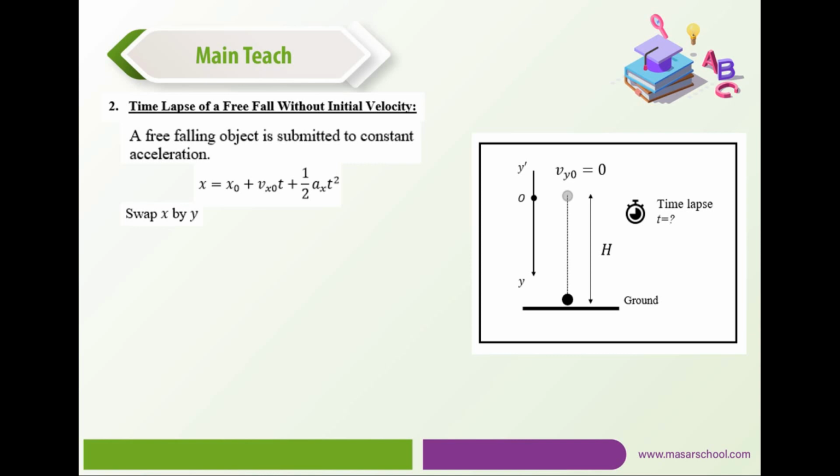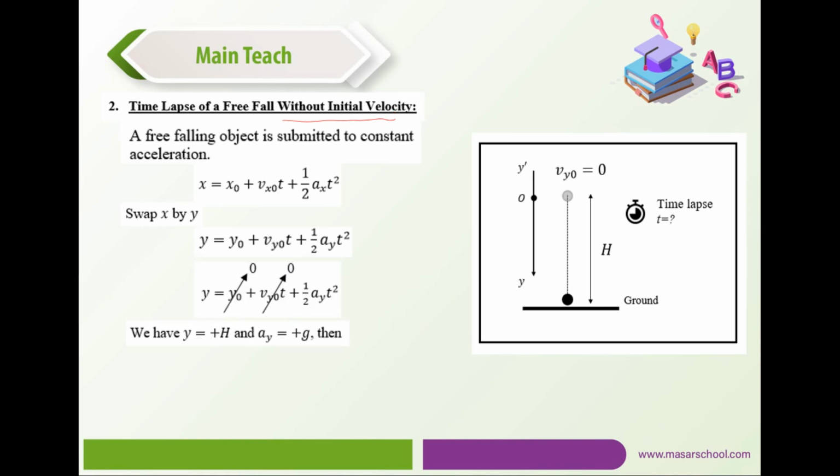We're going to swap x by y because we have chosen the motion to be along the y direction. If the initial position coincides with the origin and the initial speed is 0, then that would give us the following. We know that the final position is given by h and the acceleration is given by plus g, because downward is the positive direction of motion.